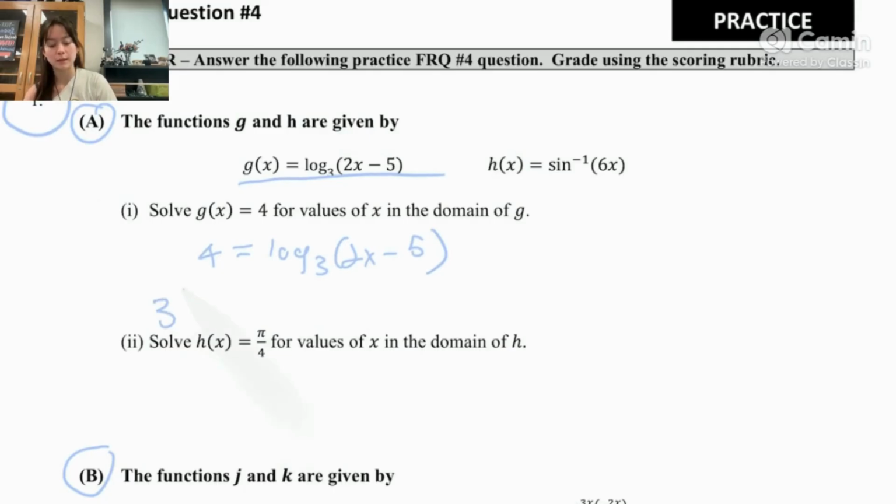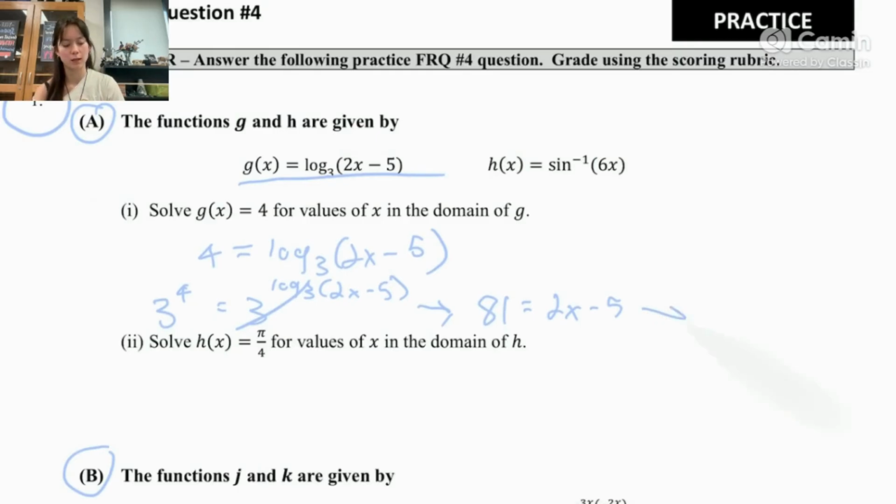So we're going to do 3 to the power of 4 equals 3 to the power of log base 3 of 2x minus 5. These two cancel out, and it's just going to give you 3 to the power of 4, which, when you plug it into your calculator, is 81. That would equal 2x minus 5. When you add 5 to both sides and then divide by 2, you get x equals 43.